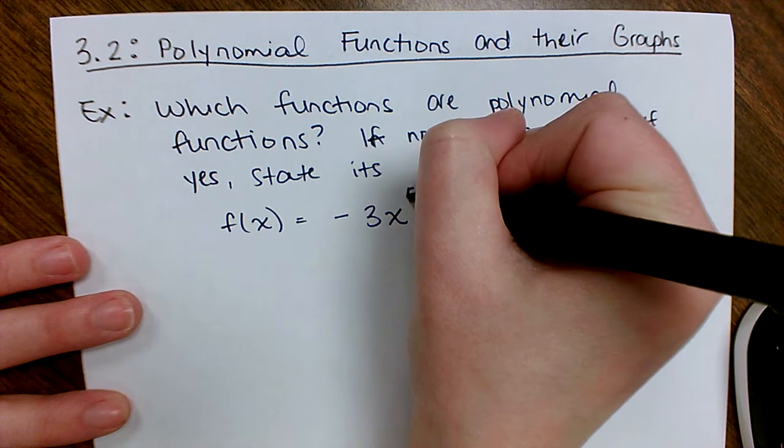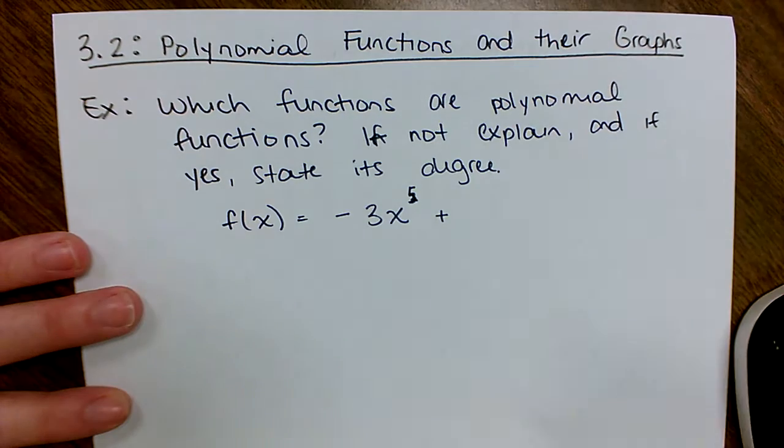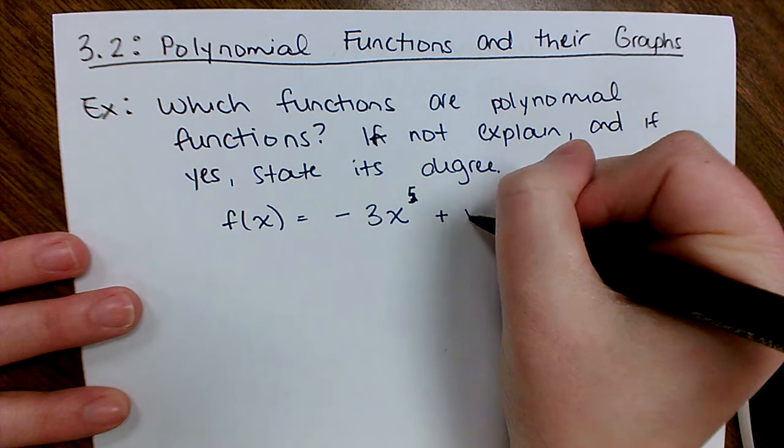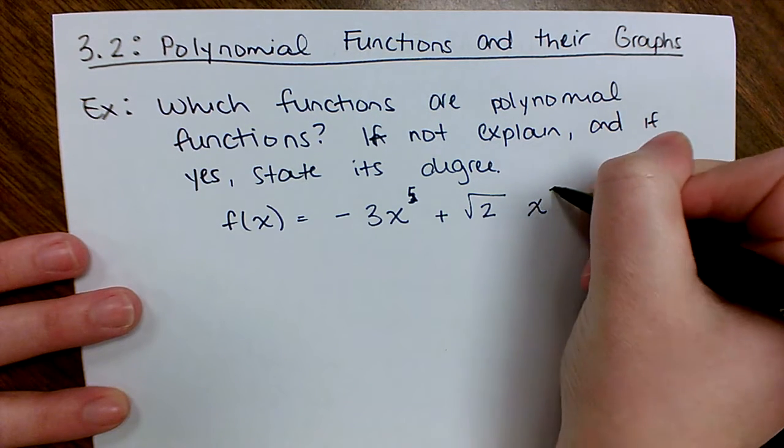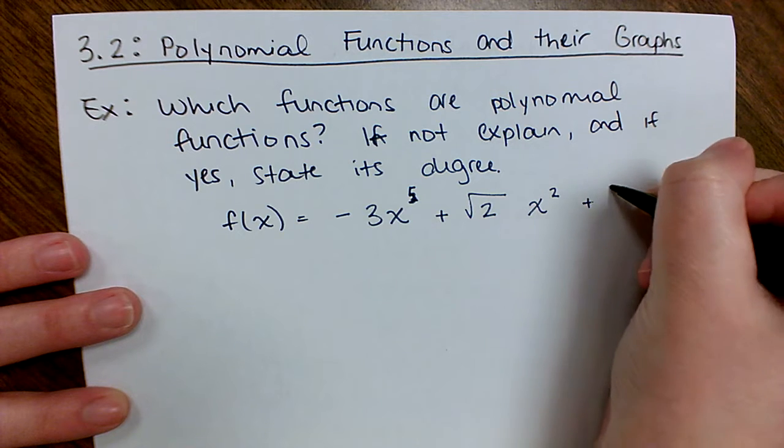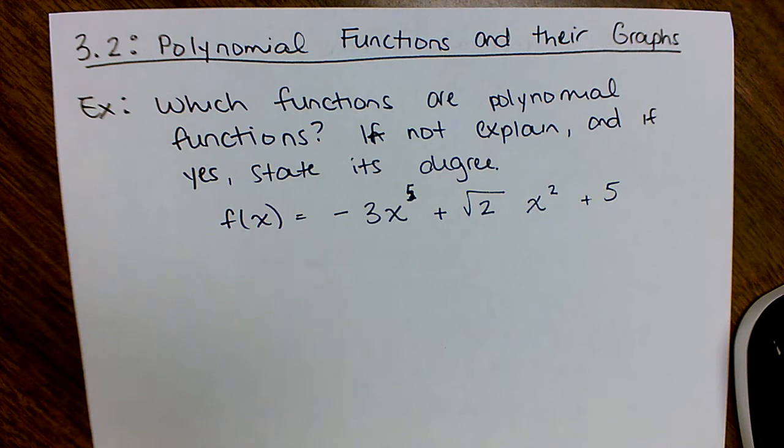Oh, that should be a 5, I'm sorry. Negative 3x to the 5th plus the square root of 2x squared plus 5. So first off, is this a polynomial function? Yes or no?